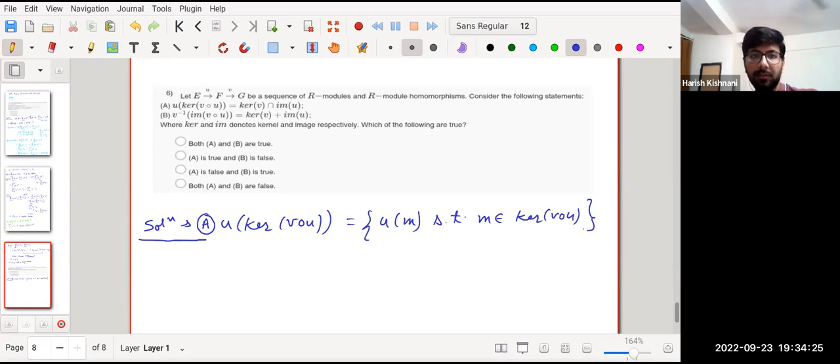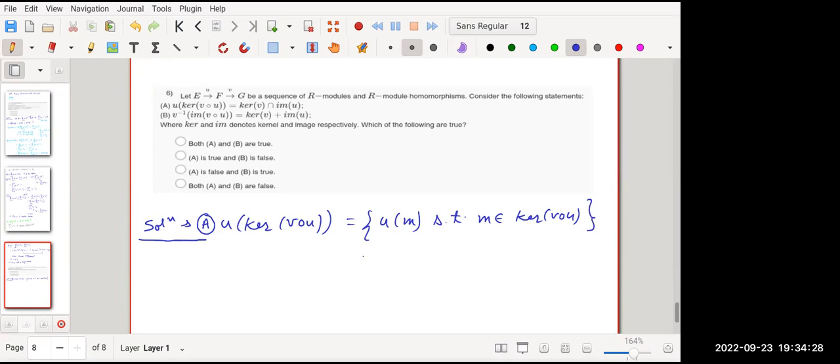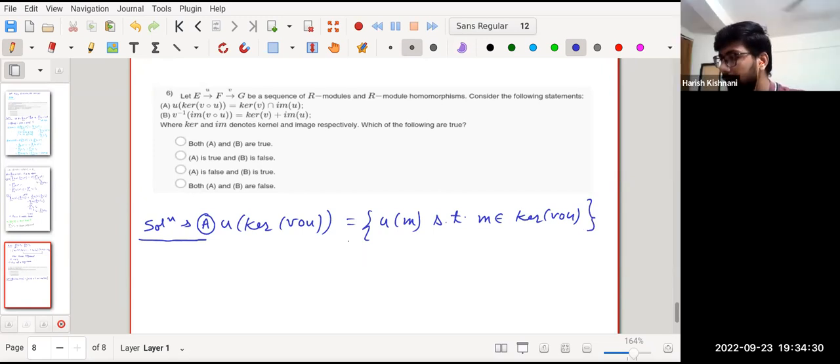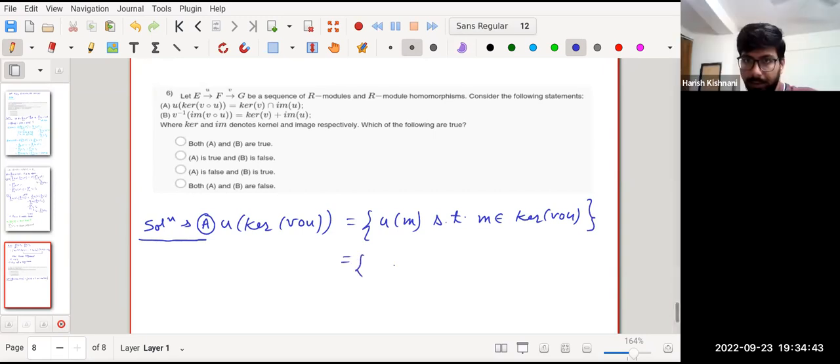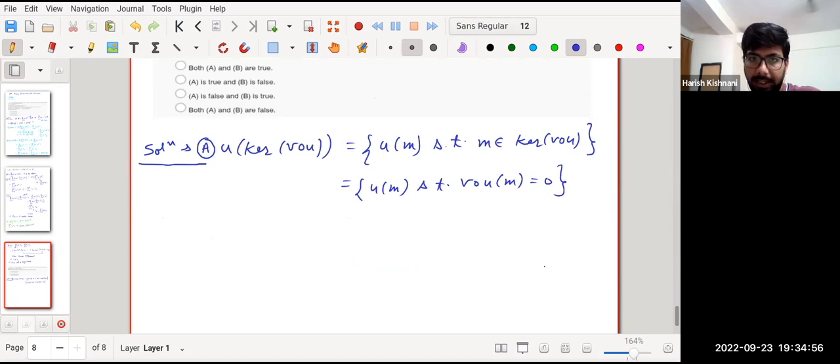What does this mean? It means V composed U at m is 0. It says Um such that V composed U m is 0, right?